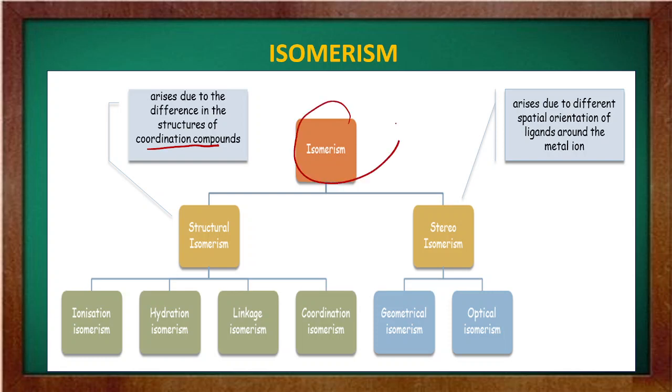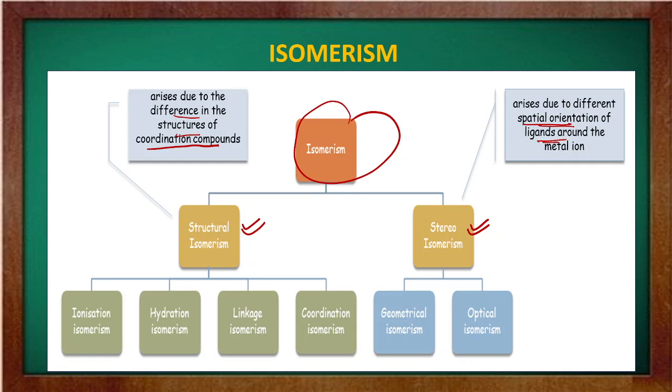Isomerism is of two types: one is structural, another is stereoisomerism. Structural isomerism arises due to the difference in the structure, and stereoisomerism arises due to the spatial orientation of ligands, meaning how they are arranged in space.